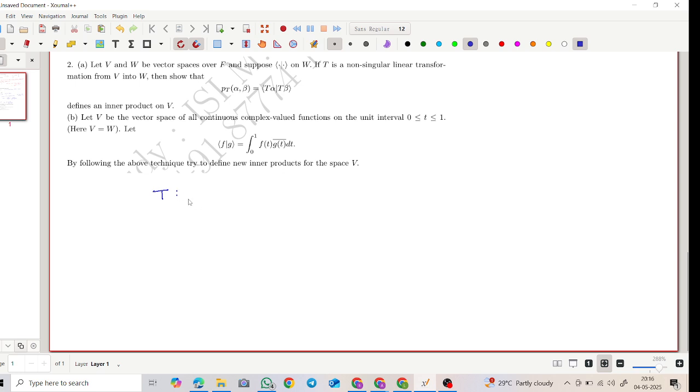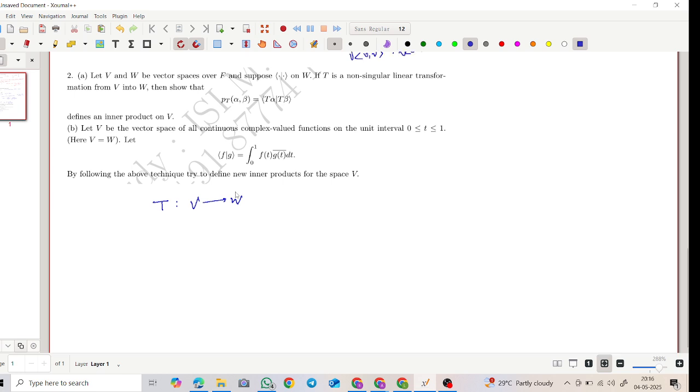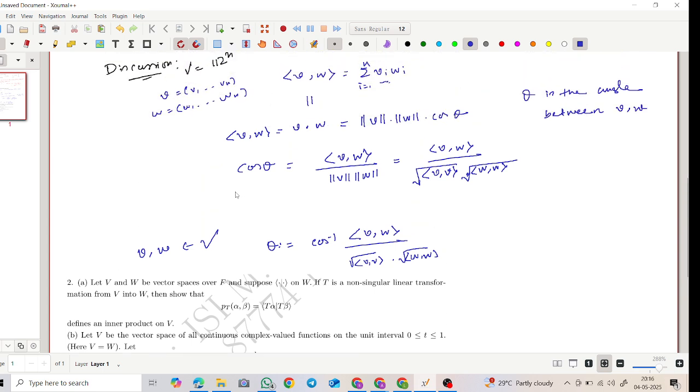Sir, in the previous one, for defining theta, if v is the zero vector, then how will you define theta? You can only define an angle between two non-zero vectors, right?